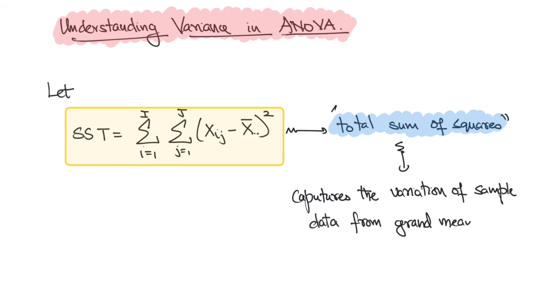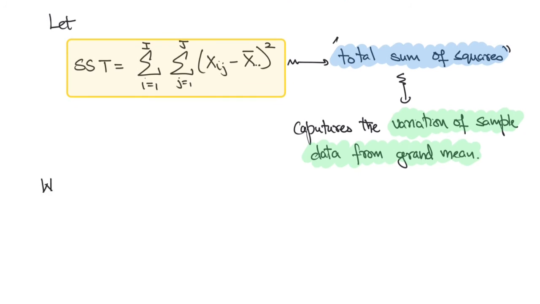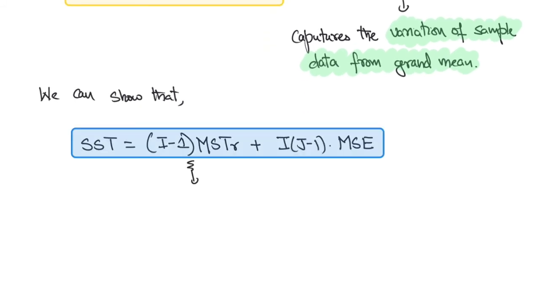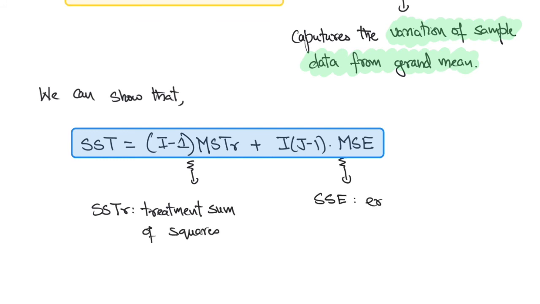We can show that the total sum of squares decomposes into two parts. The first part is I minus 1 times MSTR, and the second part is I times J minus 1 times MSE. We call the first part the treatment sum of squares, and we call the second part SSE, which is the error sum of squares.